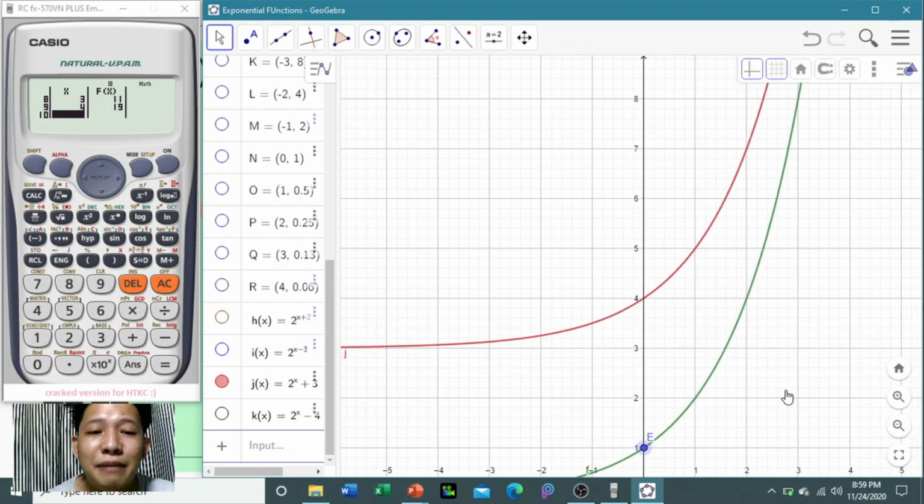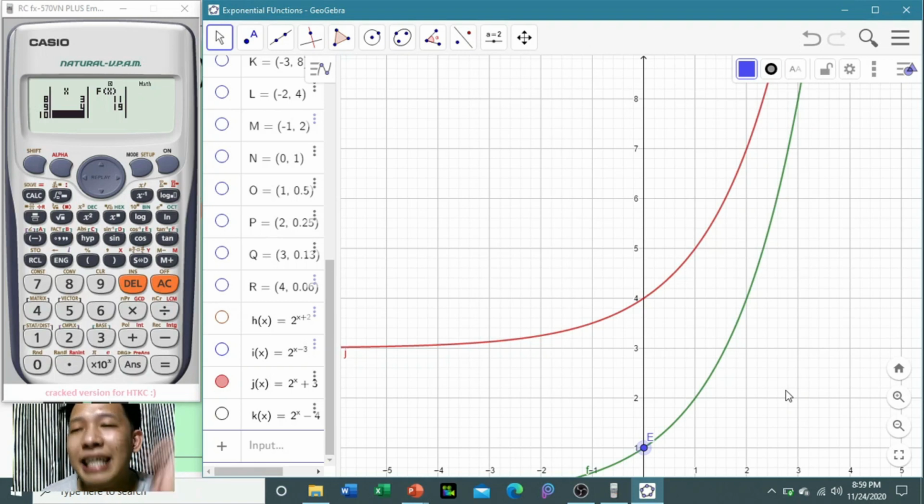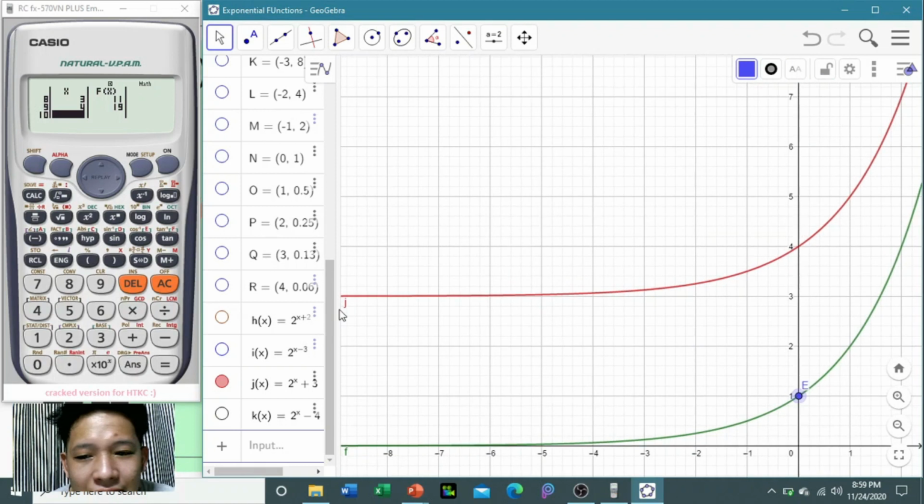Ang mababago lang po dito would be what? That would be the range, the horizontal asymptote, and so with the y-intercept.